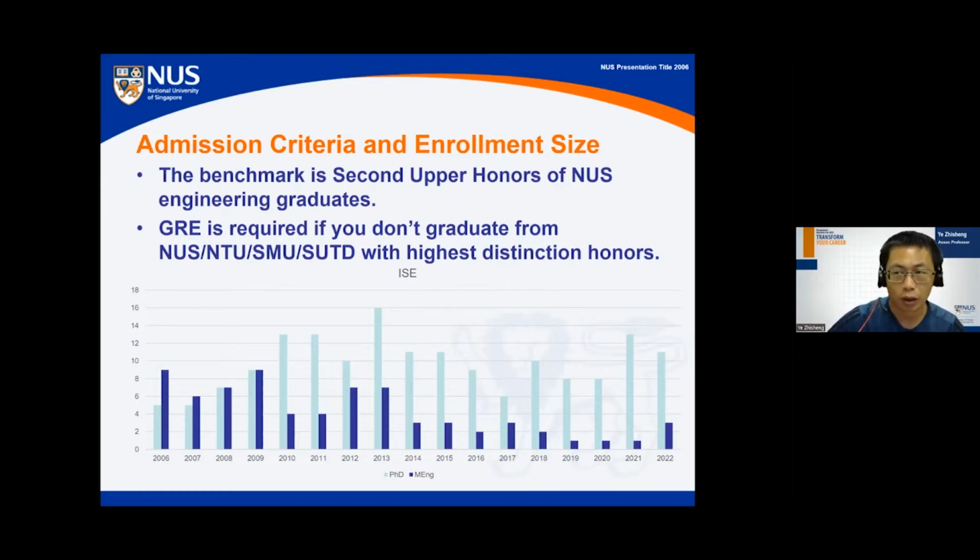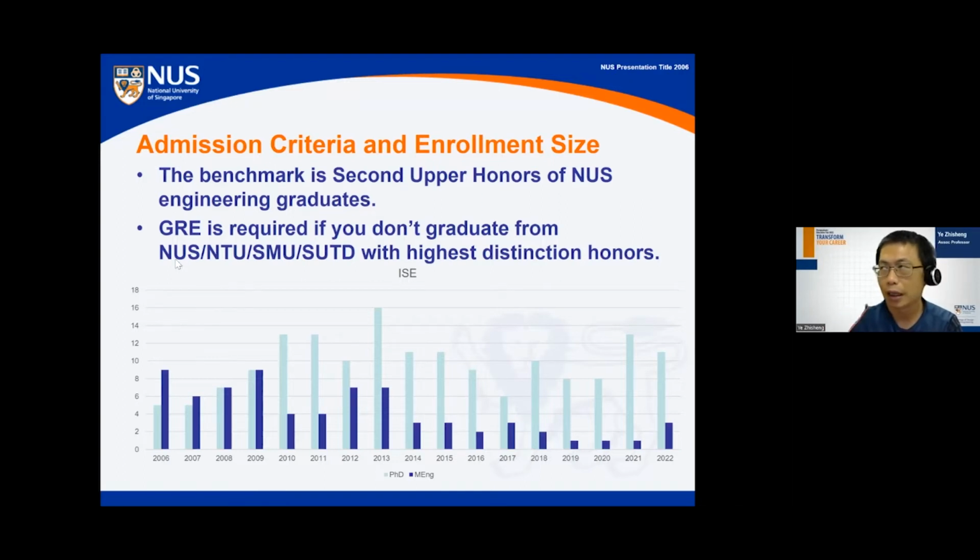Like if you graduate from a tier 1 university, we have a cutoff for your CAP. And if you graduate from a tier 2 university, we also have a cutoff. So that is the requirement on your CAP. The second requirement, from next year on, is that we also require GRE.